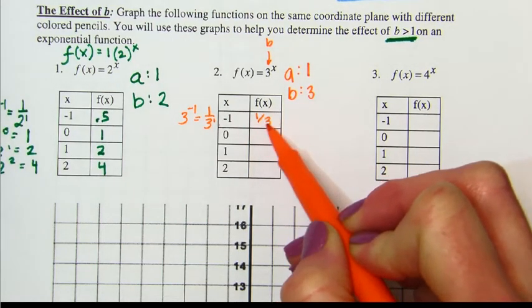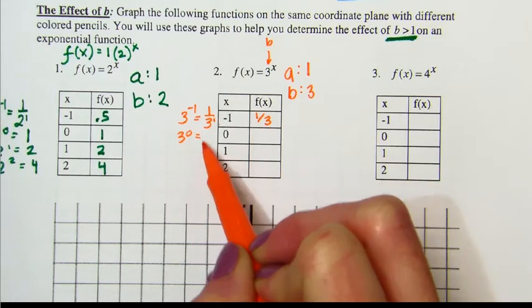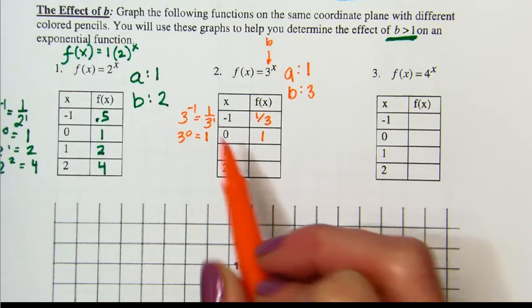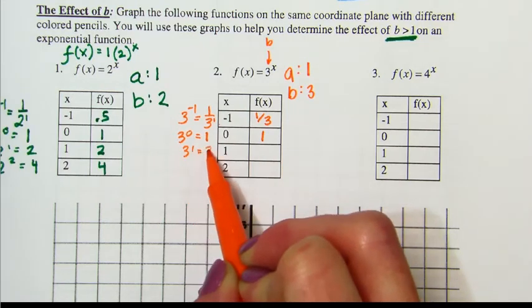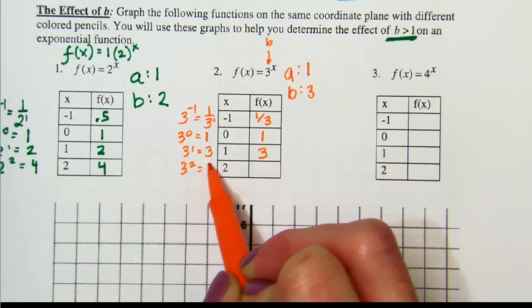So 1/3. 3 to the 0 power is still 1. Anything to the 0 power is 1. 3 to the first power is 3. And 3 to the second power is 9.